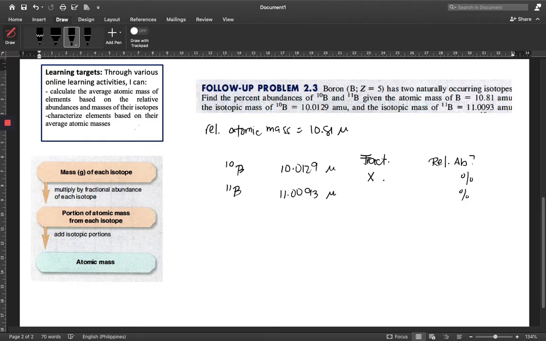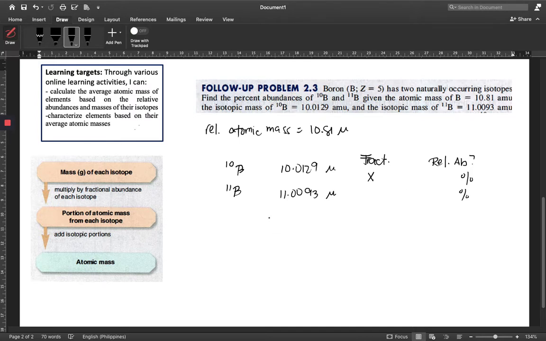Take note that the sum of the fractional abundances is actually 1, because we are dealing with percentages. It's just like simplifying 100% into 1.